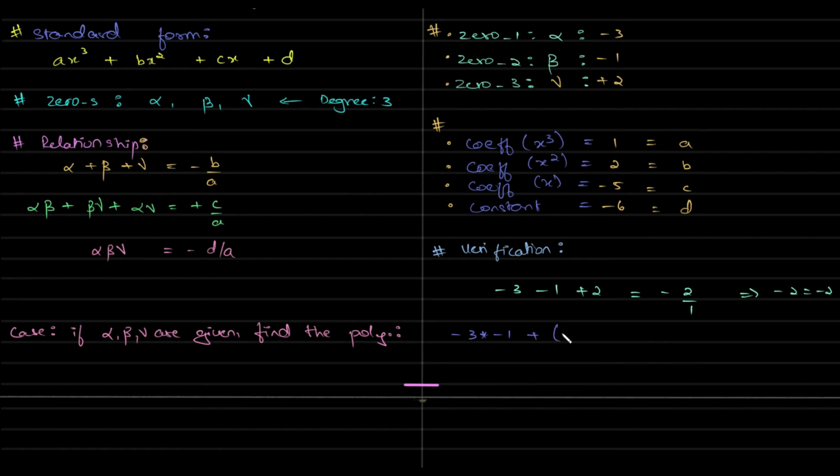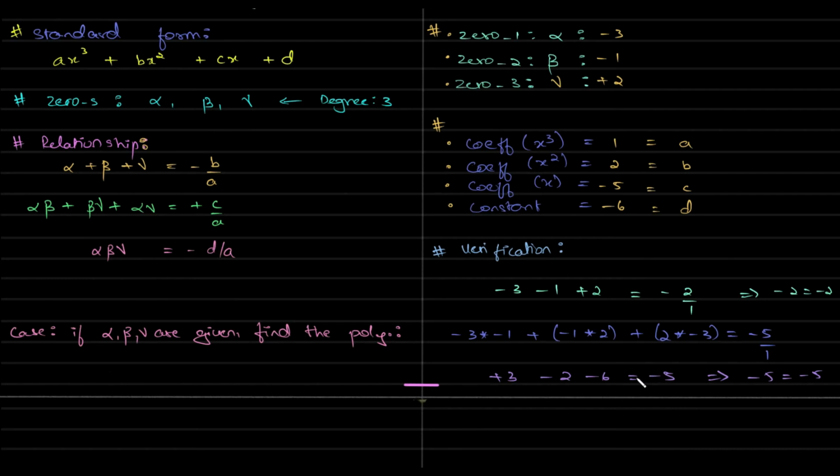Second one is alpha into beta plus beta into gamma plus gamma into alpha being equal to plus c by a, so minus 5 by 1, right? So if we finish calculating this, you have plus 3 minus 2 minus 6 being equal to 5 minus 5. So when you calculate the left hand side, you have minus 5 being equal to minus 5, is it not?